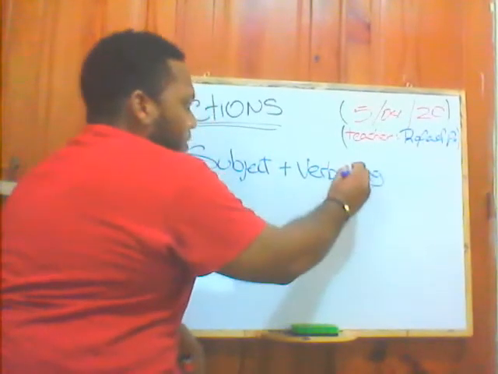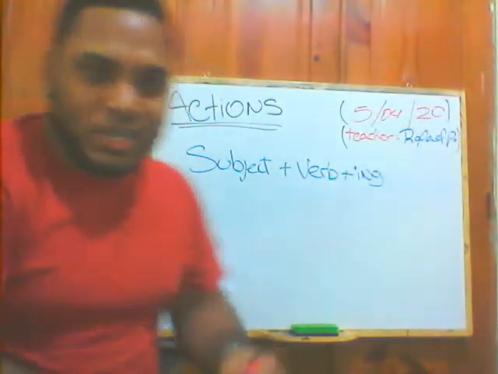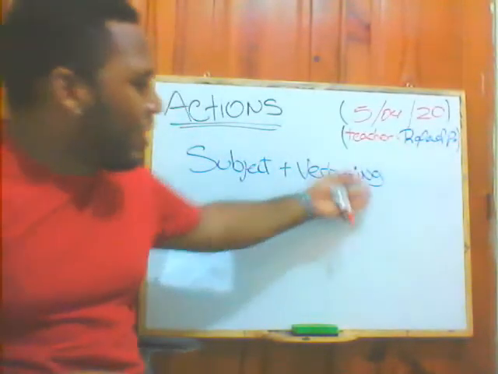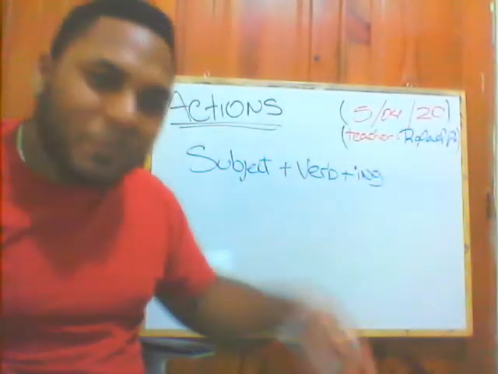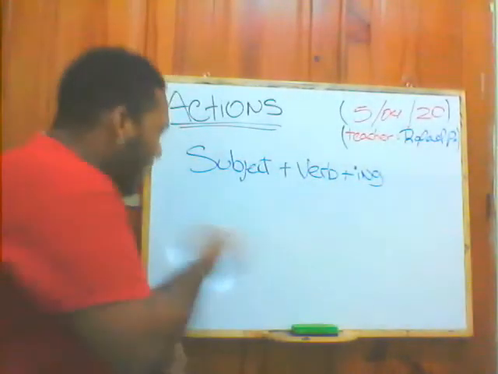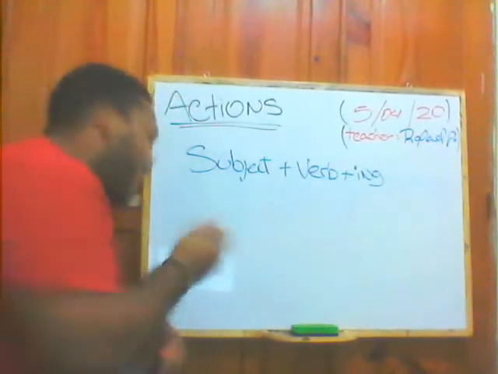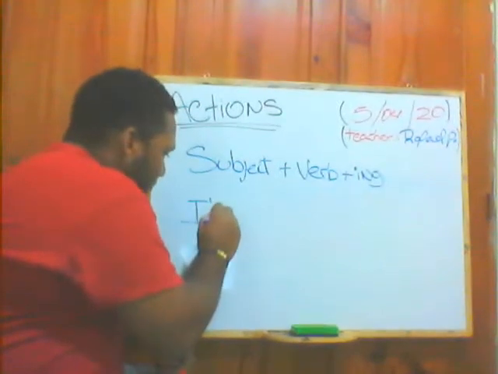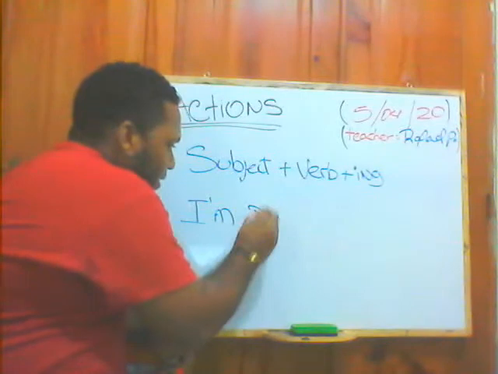I know that most of you have heard about the ing. Basically, the ing is just to express that the action is happening just now. So, for example, if I want to say that I'm playing bachata and I'm dancing, I need to say I am dancing.